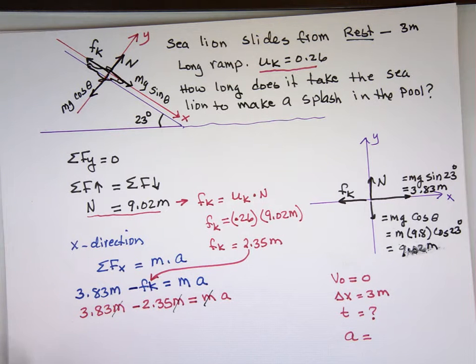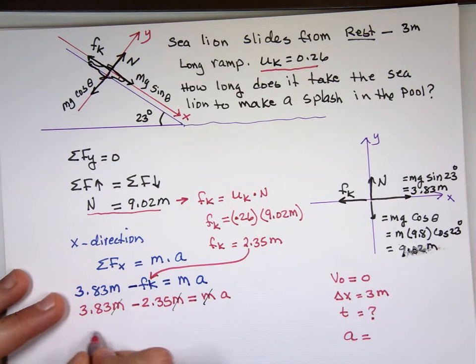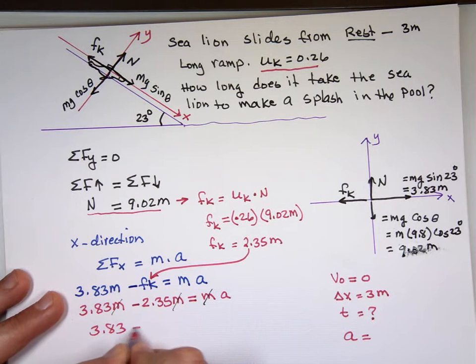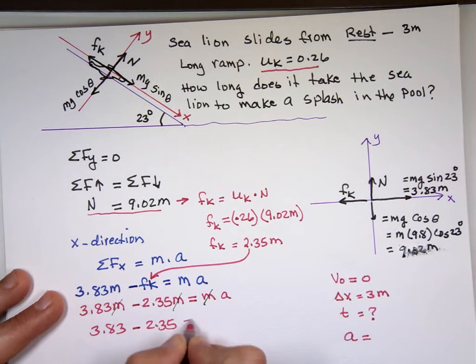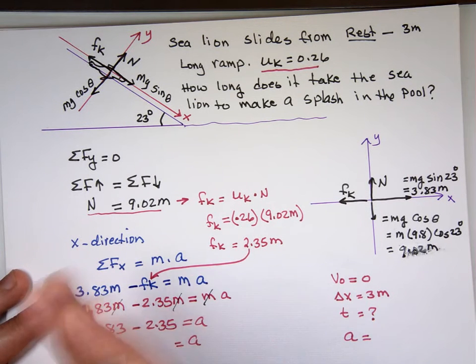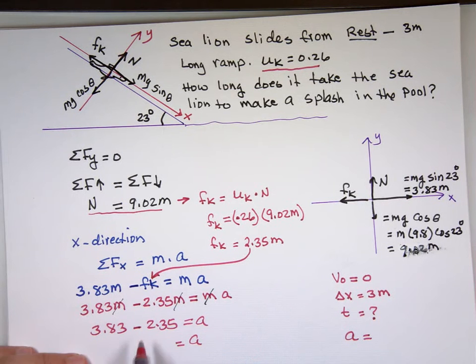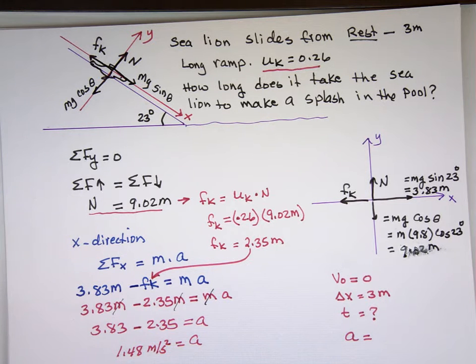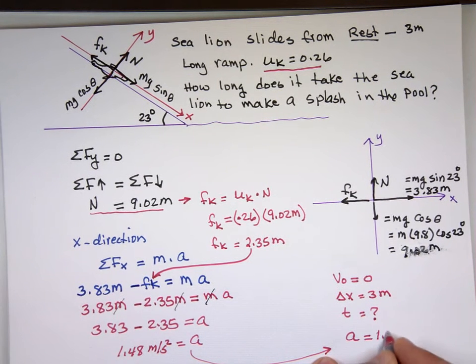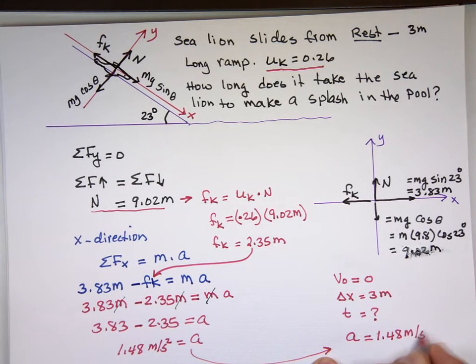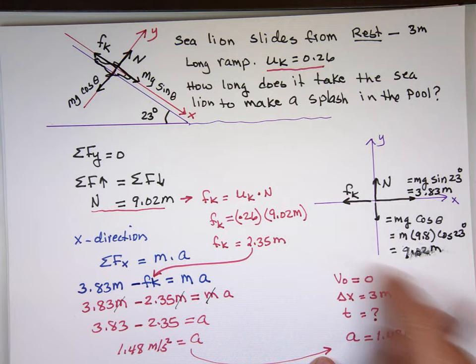And you end up with 3.83 minus 2.35 equals a. The seal is picking up speed because it has a positive acceleration of 1.48 meters per second squared. So now bring that value back with you here. Plug in 1.48 meters per second squared, and let's look at our equations, see if there's one that will allow us to find what t is equal to.